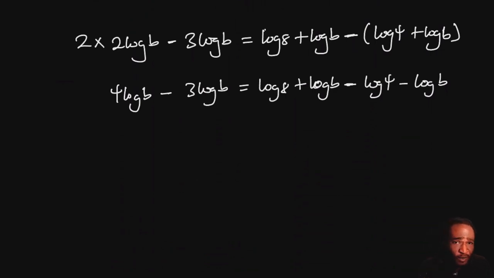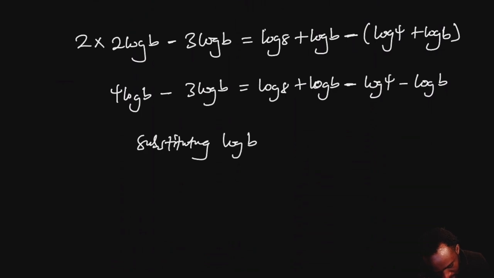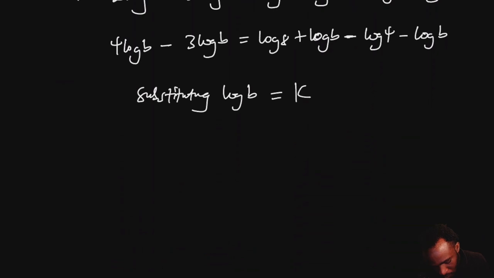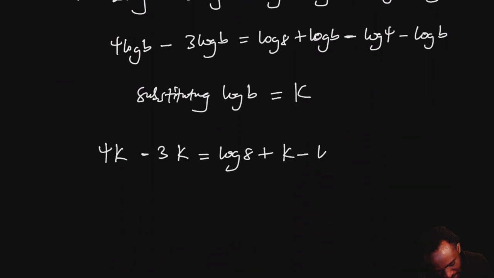So let's go ahead and represent every log b we see over here with a variable. That makes it a lot more clear for us to see. So substituting log b with k. So the first one is going to be 4k minus 3k is equal to log 8 plus k minus log 4 minus k.